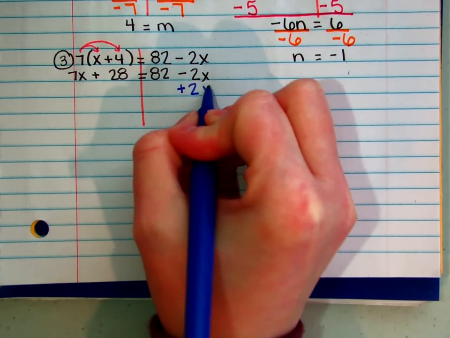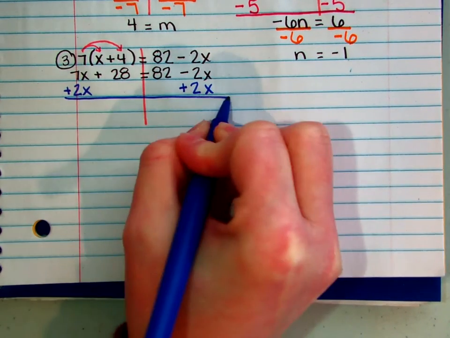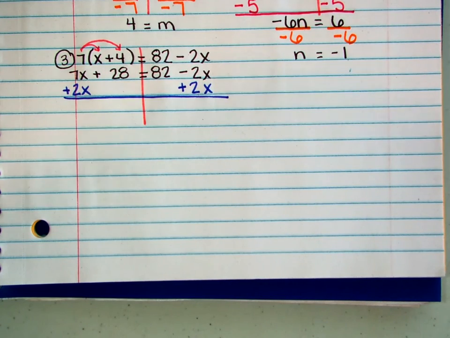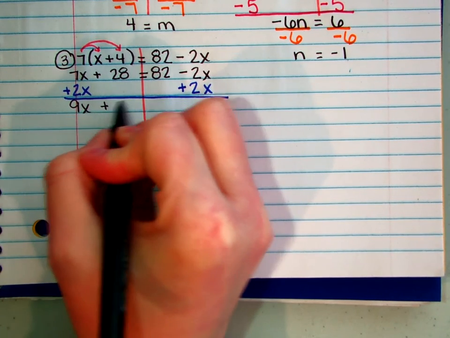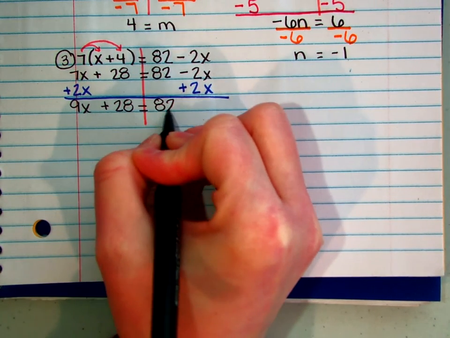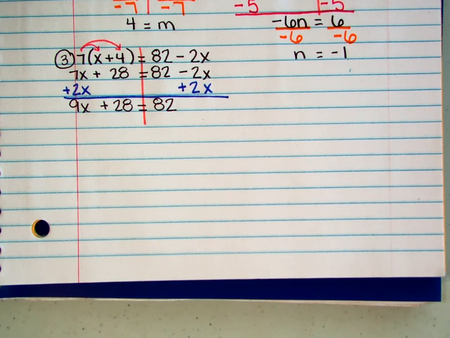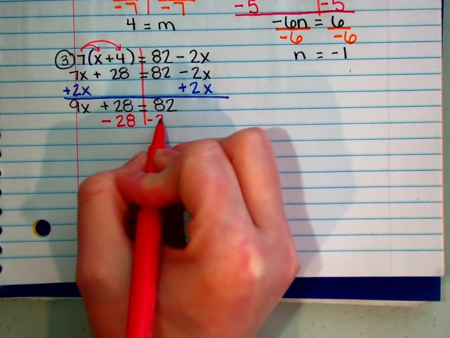Let's move him to the left-hand side by adding him to both sides. When we do that, on the left, we are left with 9x plus 28, and on the right, we're left with 82. Now, time to move all our constants to the right-hand side, so we need to subtract 28 from both sides.